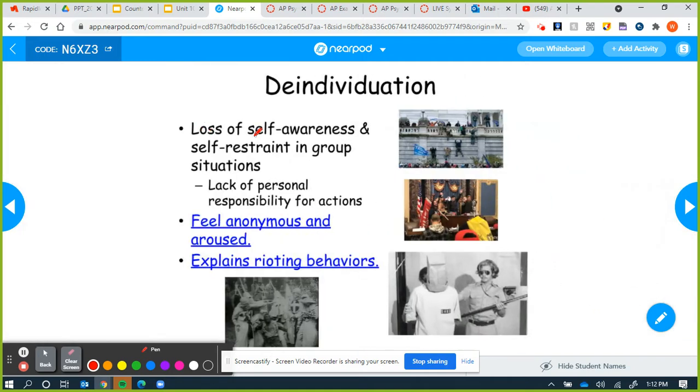All right, now, three terms that are very, very important. And those two, social facilitation and social loafing, kind of go in with these. They're all in the same category of group behavior.